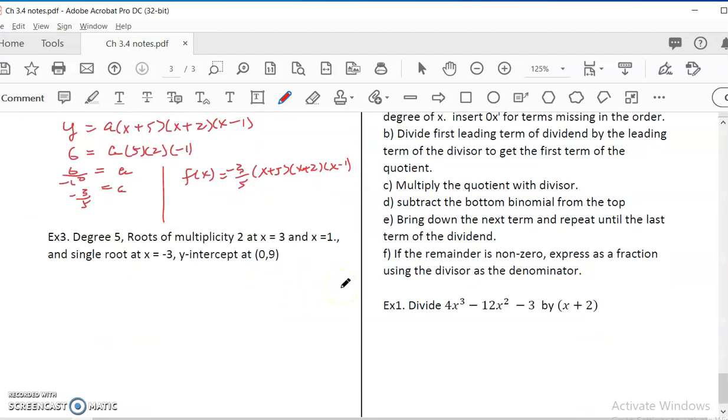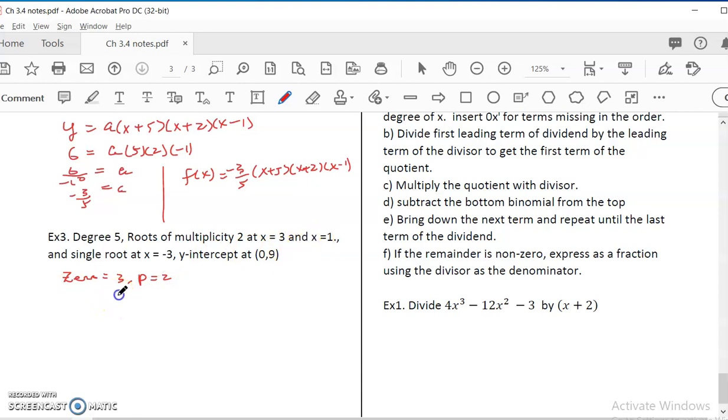Example 3: degree 5, roots of multiplicity 2 at x equal to 3 and x equal to 1, single root at x equal to negative 3, y-intercept at (0, 9). So degree 5, the roots are of multiplicity 2 at x equal to 3. They talk about the multiplicity first. So zero is 3, multiplicity is 2.